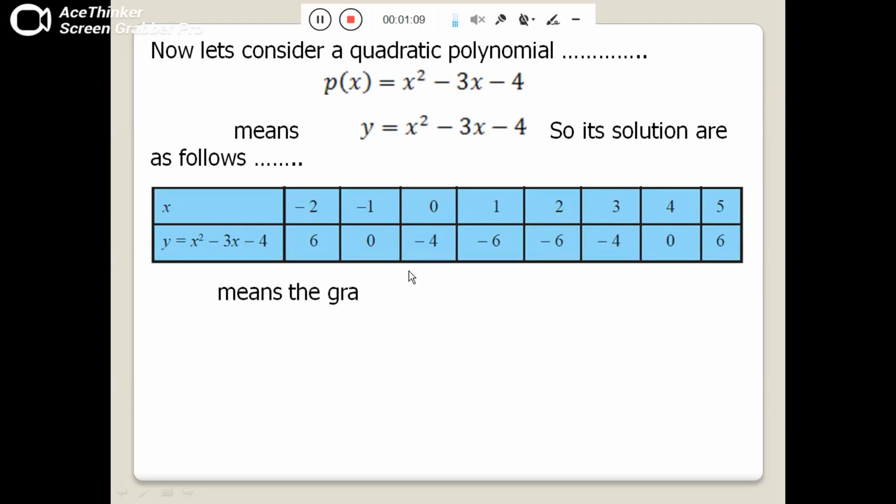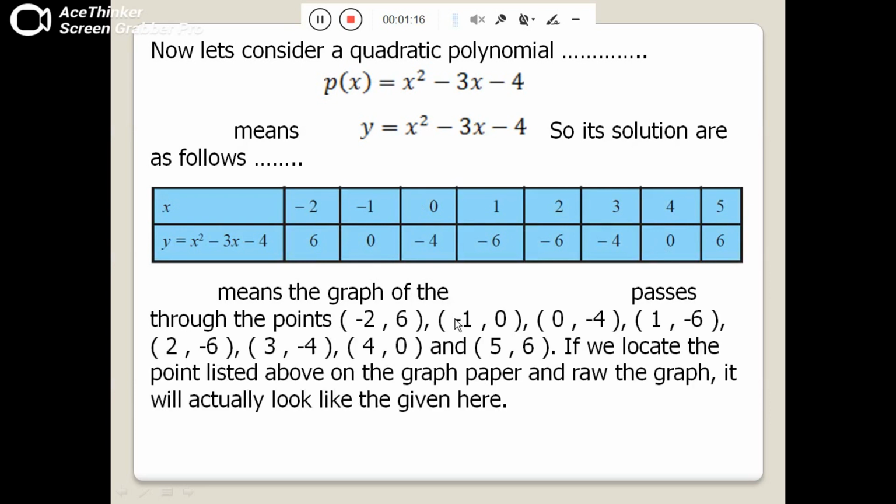These are the solutions, meaning the graph of y equals x square minus 3x minus 4 passes through the points (minus 2, 6), (minus 1, 0), (0, minus 4), (1, minus 6), (2, minus 6), (3, minus 4), (4, 0), and (5, 6).